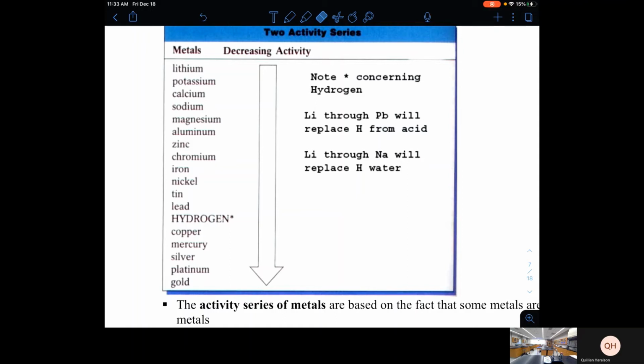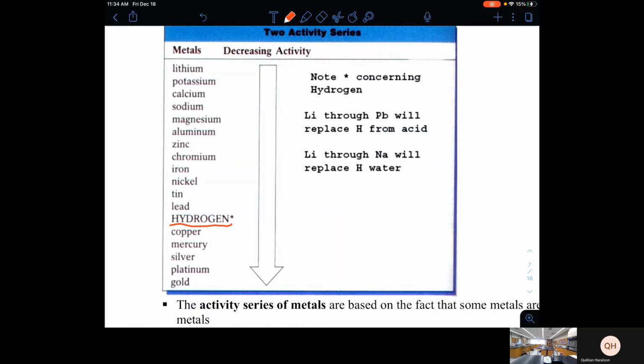One, you'll notice that for hydrogen, there's this special note. It's all capitalized with a little asterisk there. It says, note concerning hydrogen. And basically what they're doing here is supplying two pieces of notes.